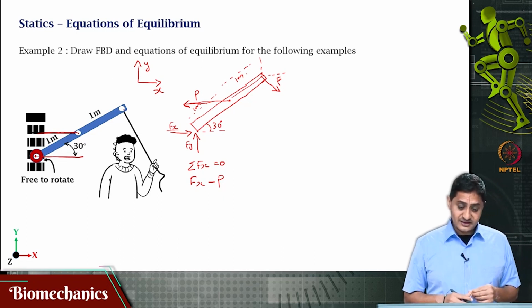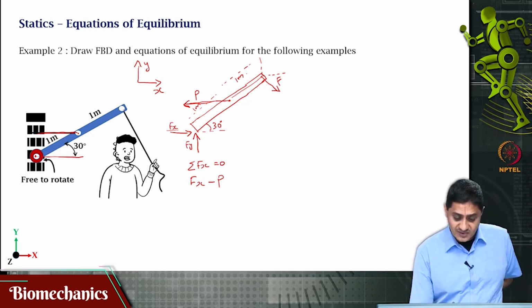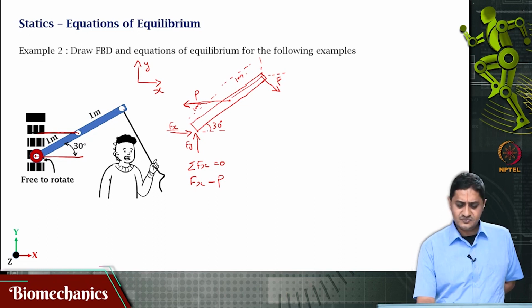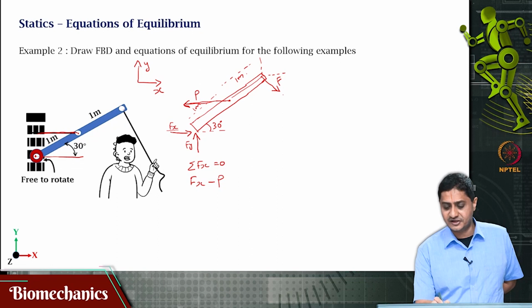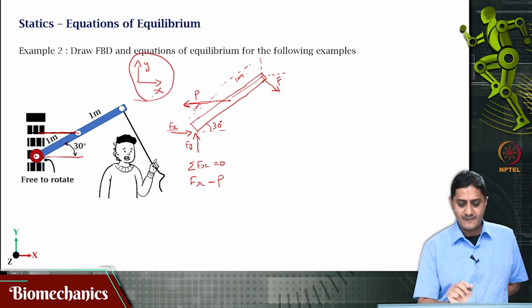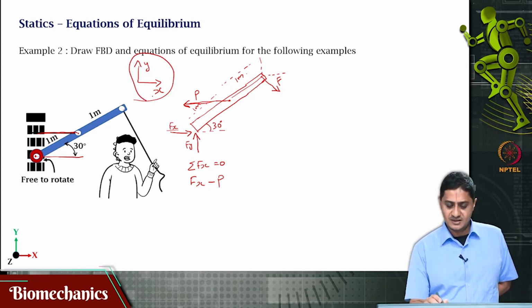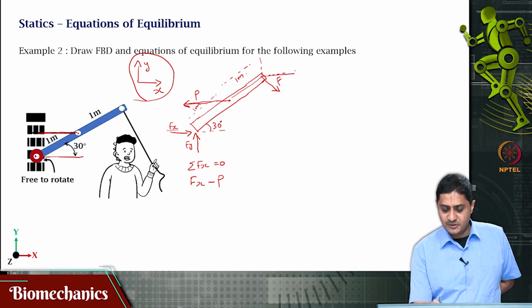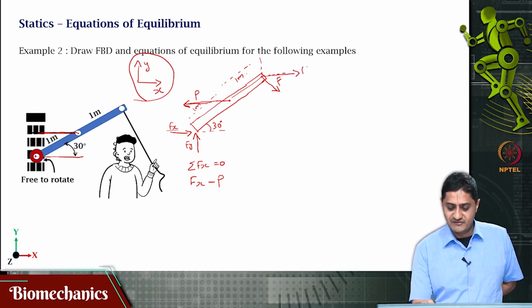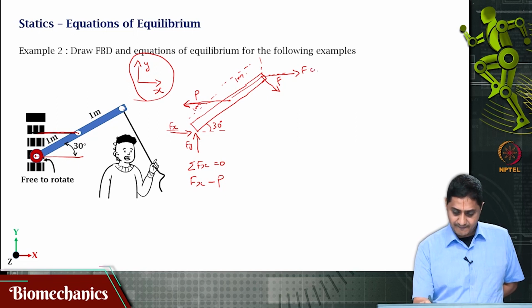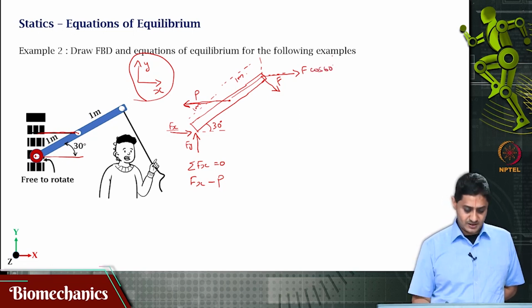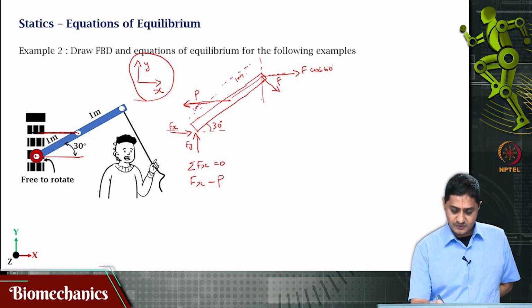Because I know that the angle that this beam is making with the horizontal is 30 degrees, I can resolve that vector in this xy frame of reference. So that component would be F cos 60, and this component would be F sin 60.